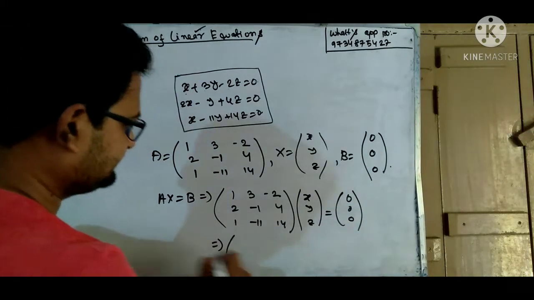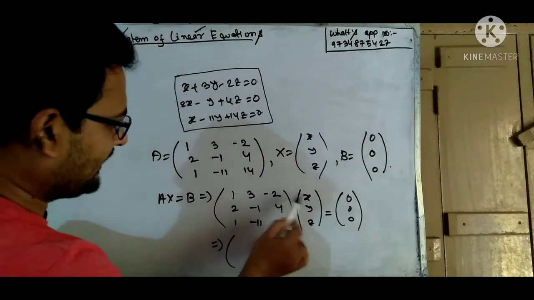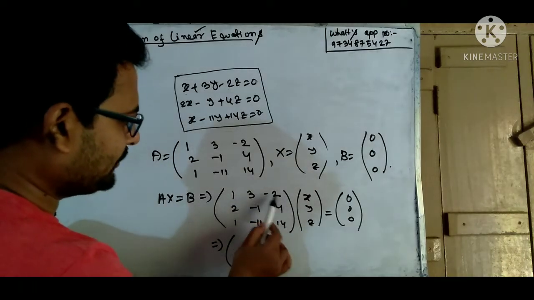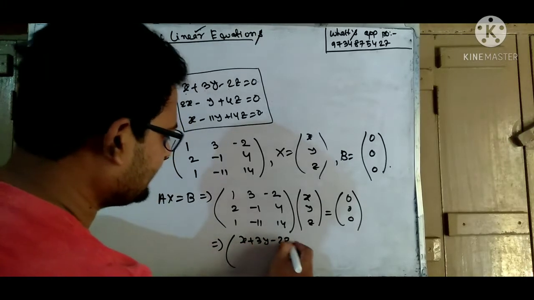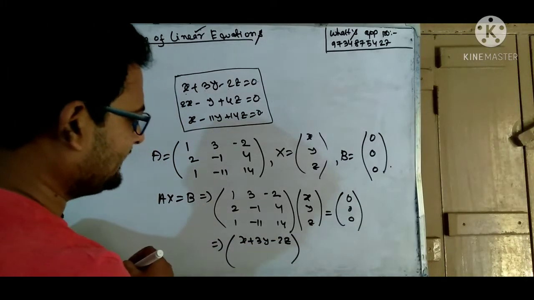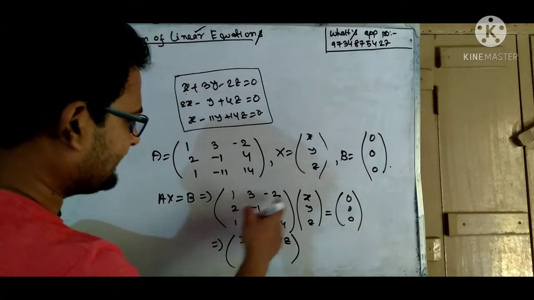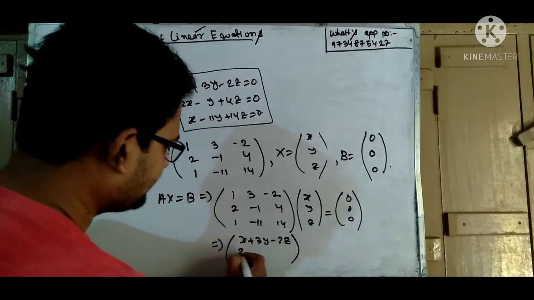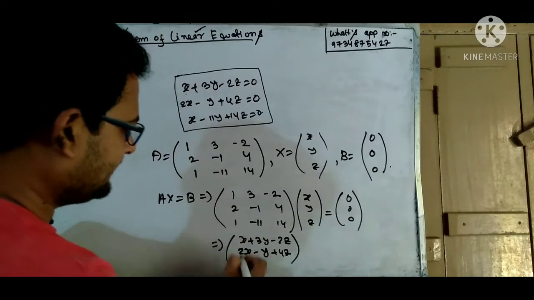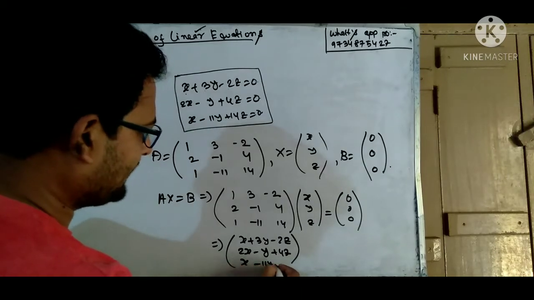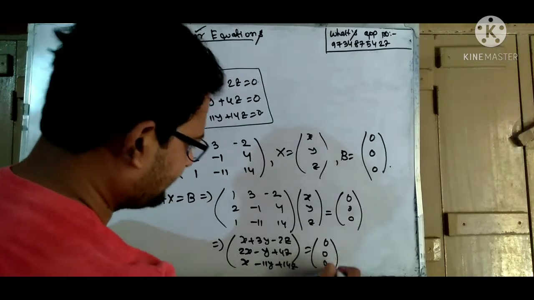What will happen if we multiply the matrices? The first element will be 1 into x plus 3 into y minus 2 into z, that is x plus 3y minus 2z. Similarly, the second element is 2x minus y plus 4z. And the third element is x minus 11y plus 14z. This equals 0, 0, 0.